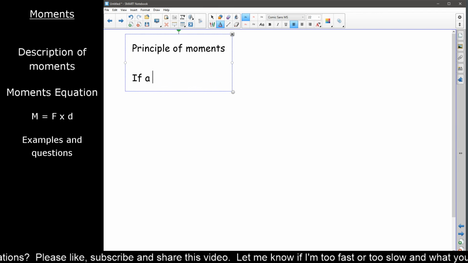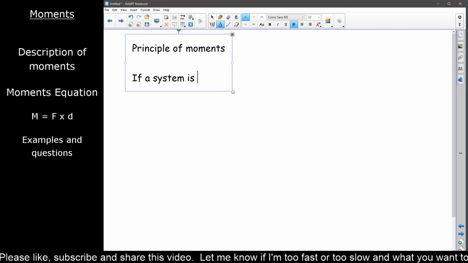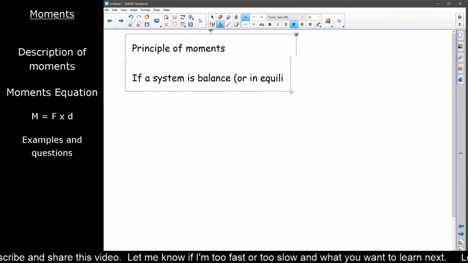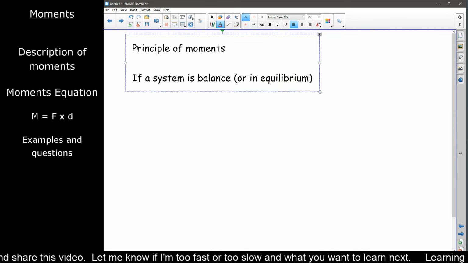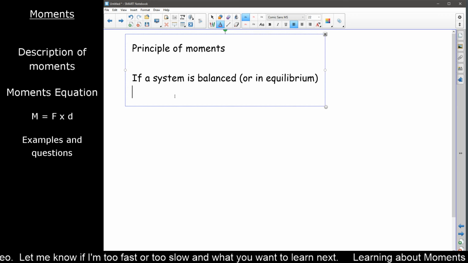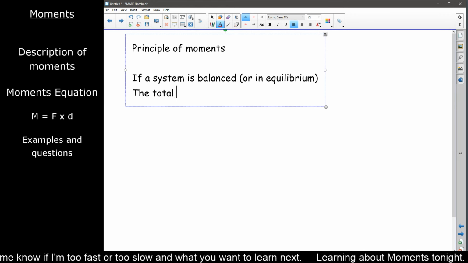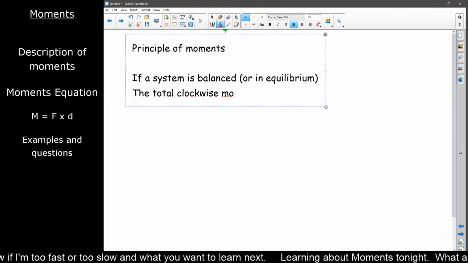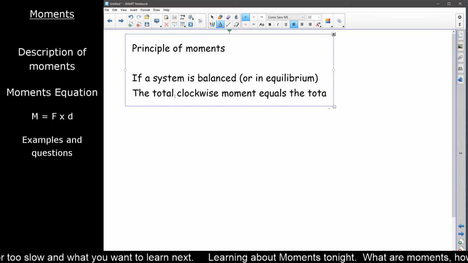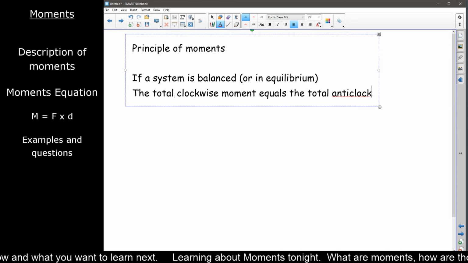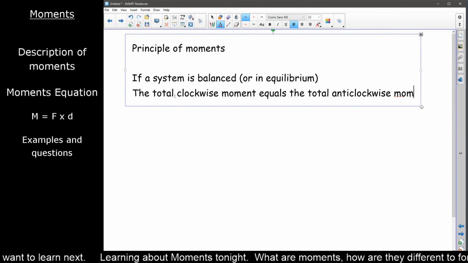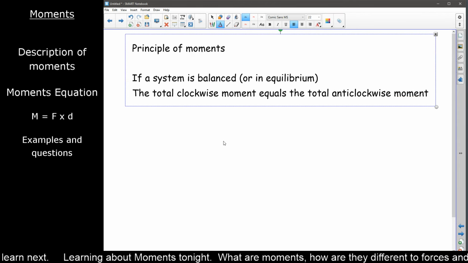That if a system is balanced or in equilibrium, if you like your fancy words, the sum or the total clockwise moment equals the total anti-clockwise moment.